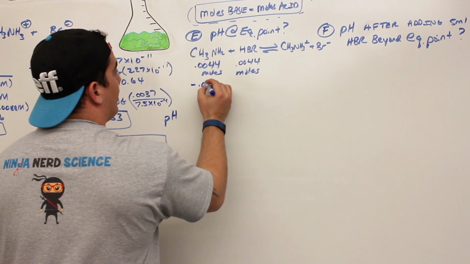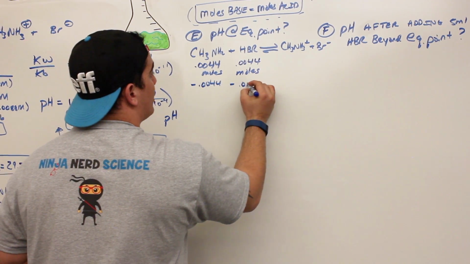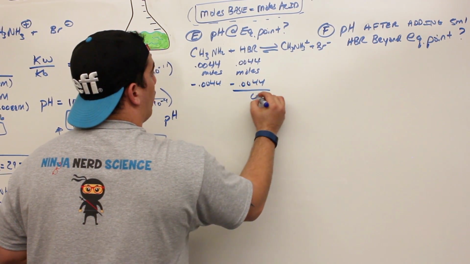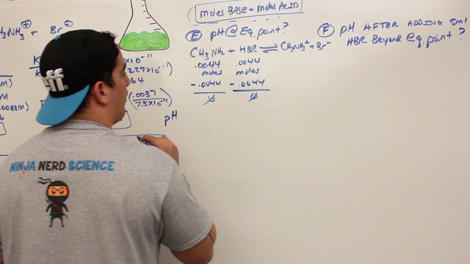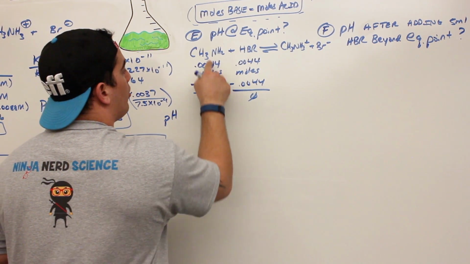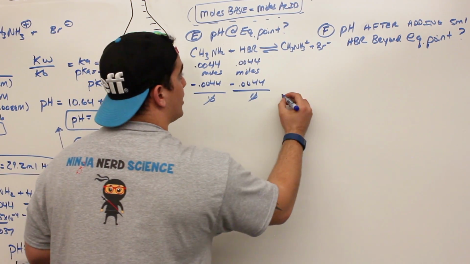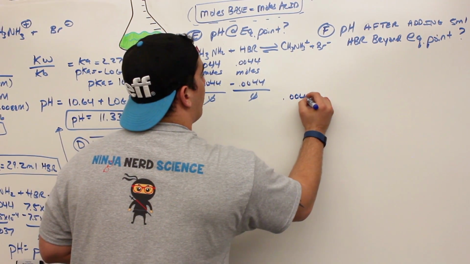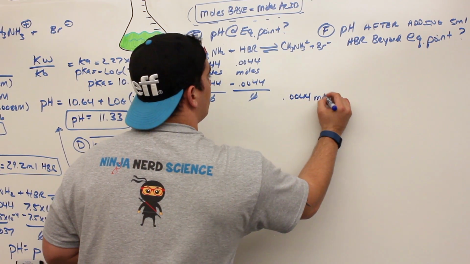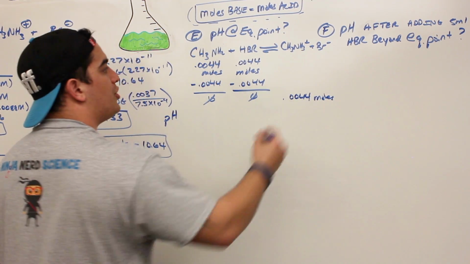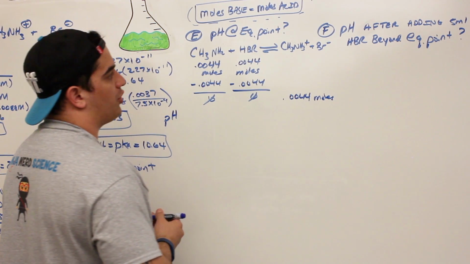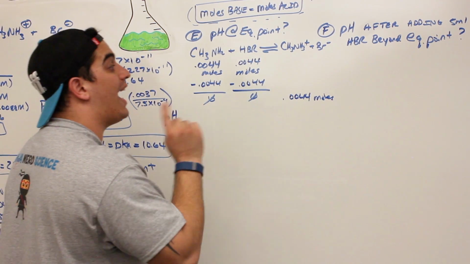I subtract whichever one's lower, but they're both the same, so I have none of either left. But 0.0044 moles of the methylamine reacts with 0.0044 moles of the HBr and produces 0.0044 moles of our conjugate acid of methylamine, which is the CH3NH3+, which is a weak acid.